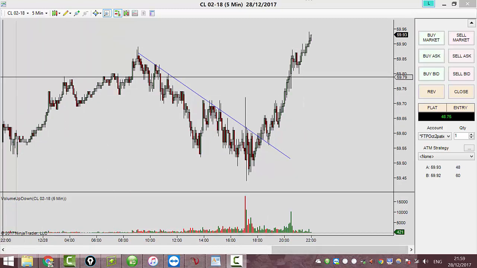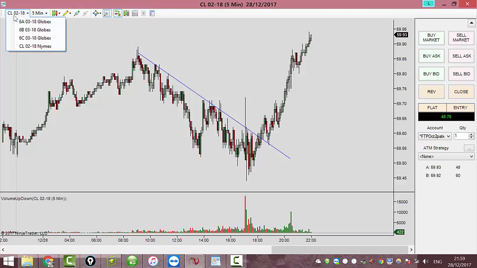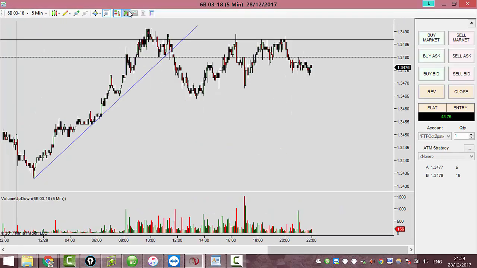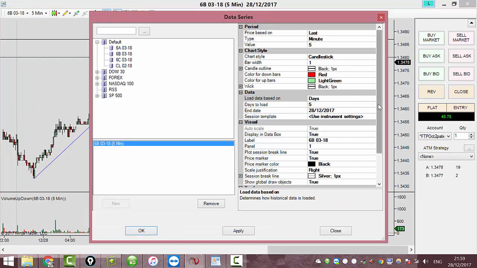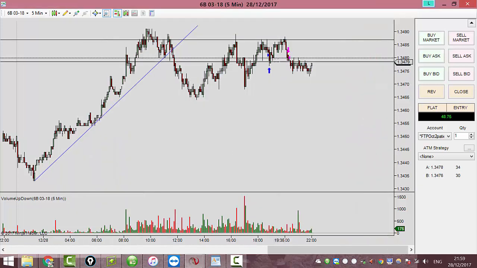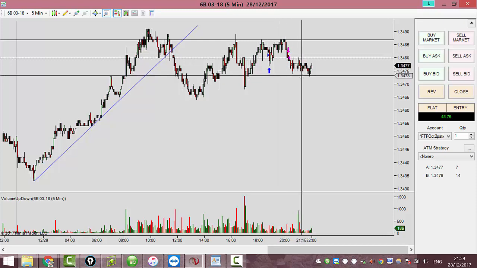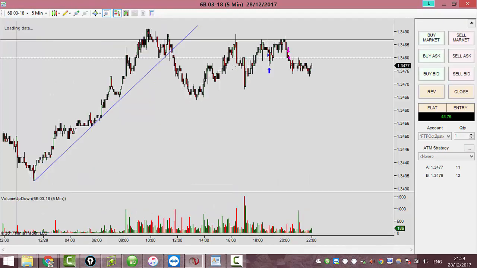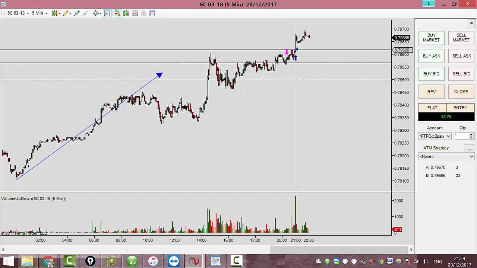So I took a loss on that last trade. I actually did exit. Let's look at the markers. So I exited this for one tick less than break even, or minus one tick essentially. Would have hit my stop here anyway, and I got into 6C and that stopped me out.